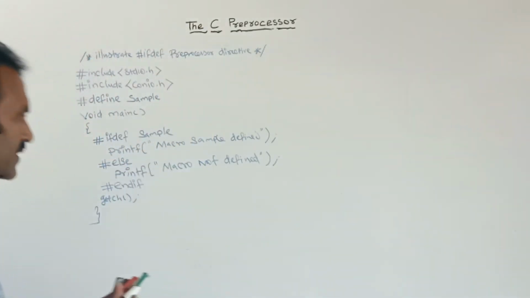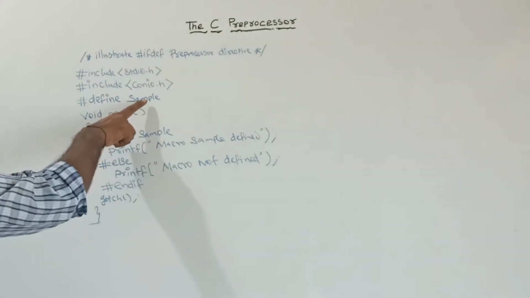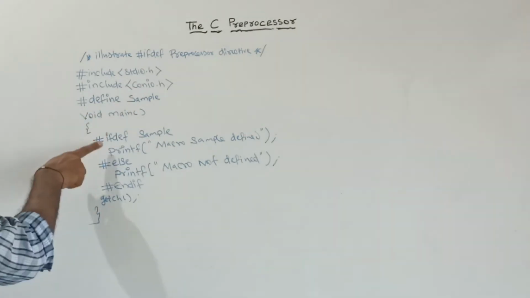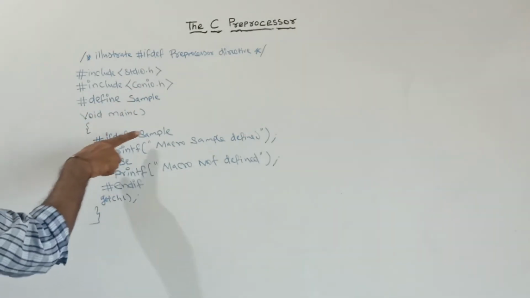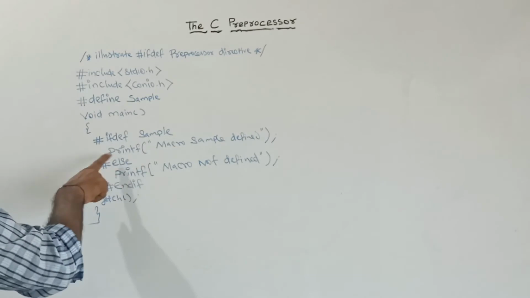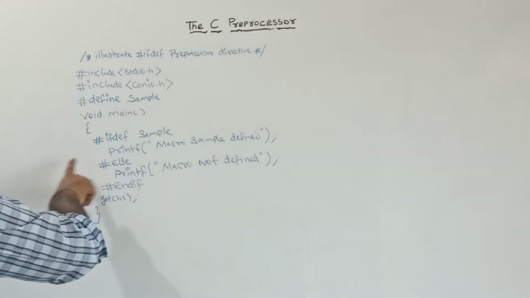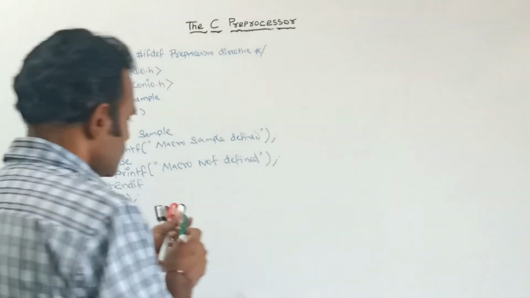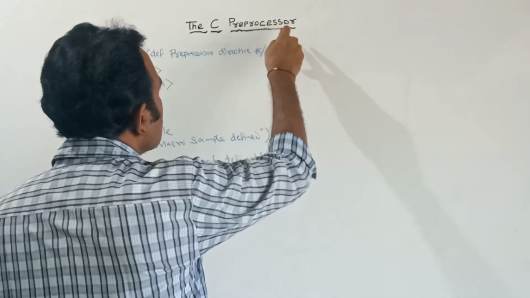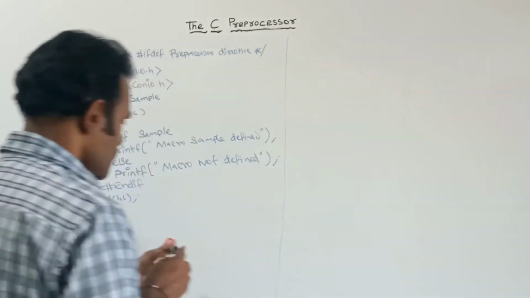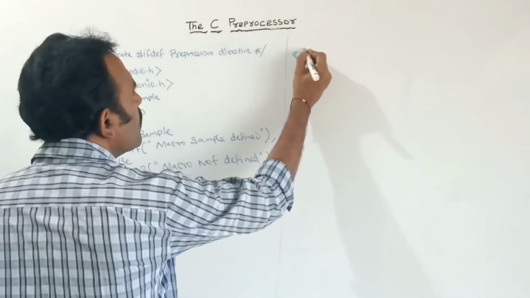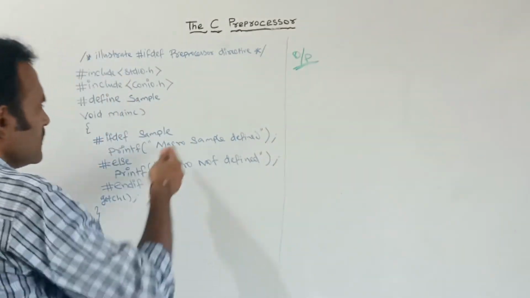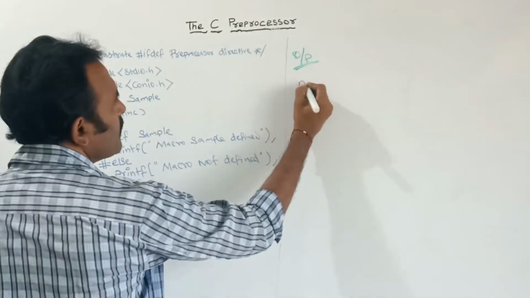Here, in ifdef, the macro name is sample. So in this printf, the output will display that the macro sample has defined. This message will be displayed on the output screen.